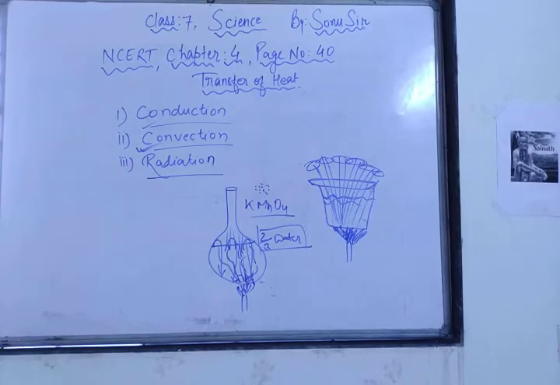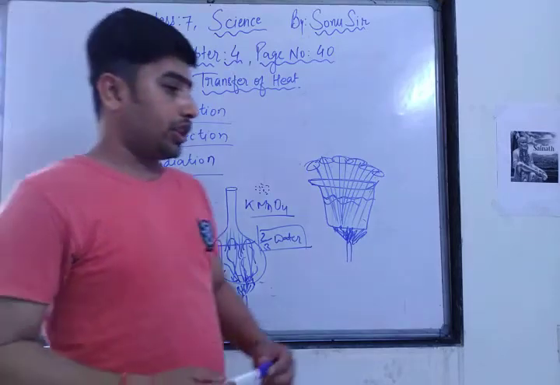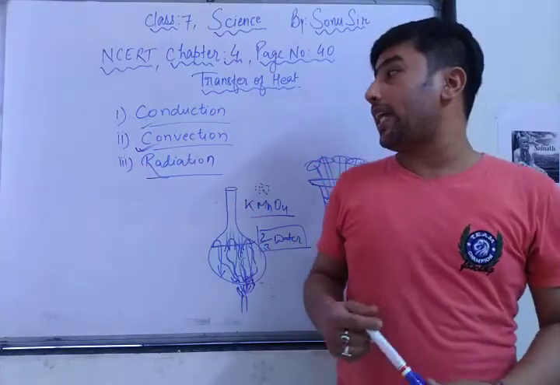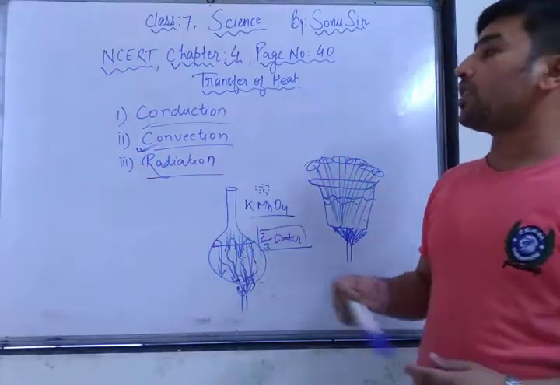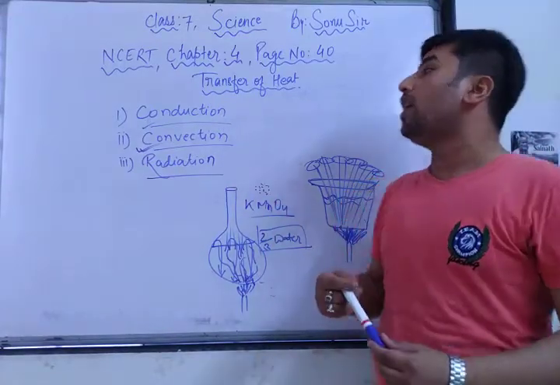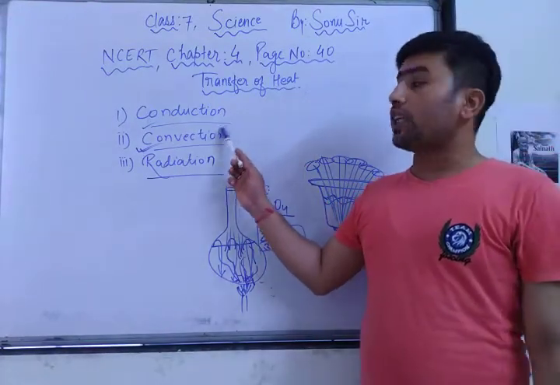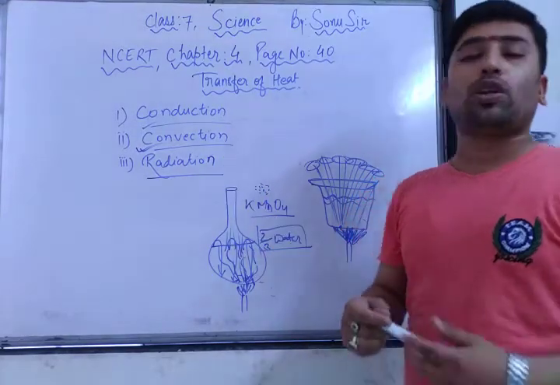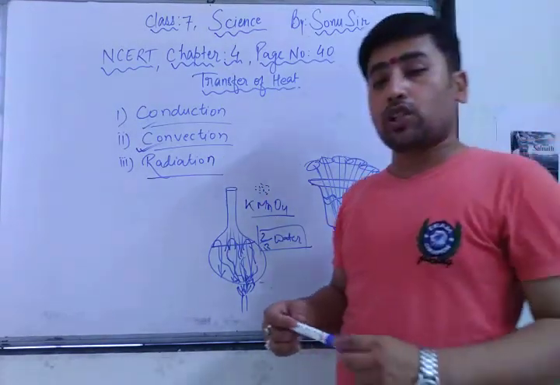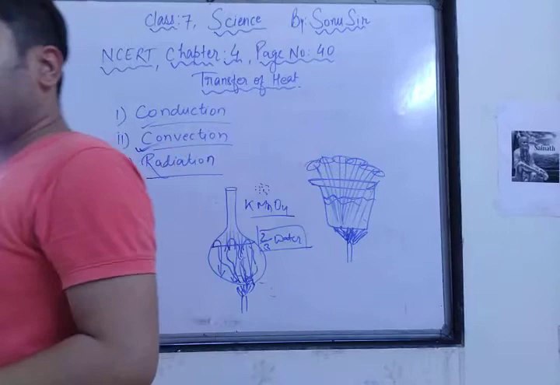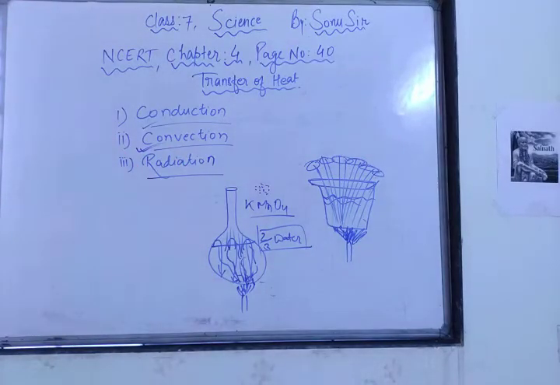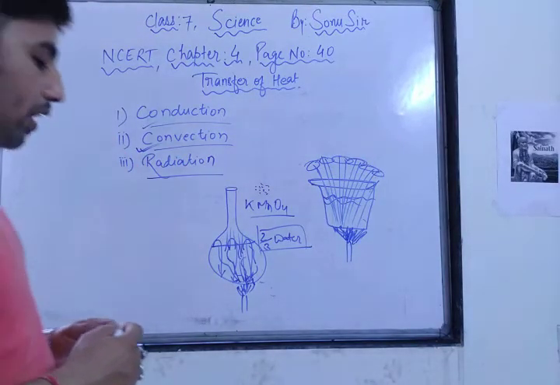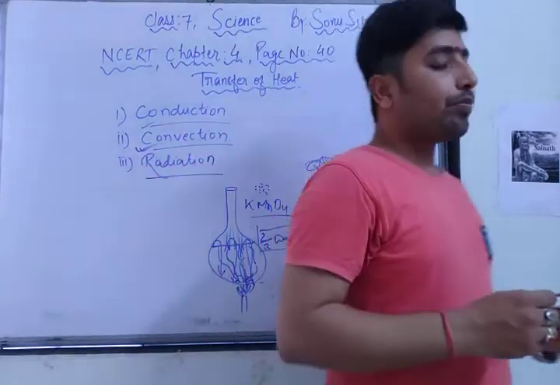The process by which heat is transmitted in liquids and gases is called convection, and the process by which heat is transferred in solids is called conduction. Conduction is for solids, and for liquids and gases we talk about convection.